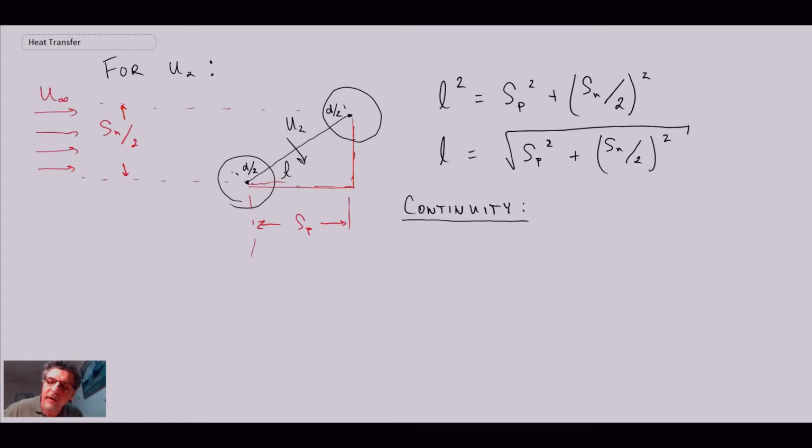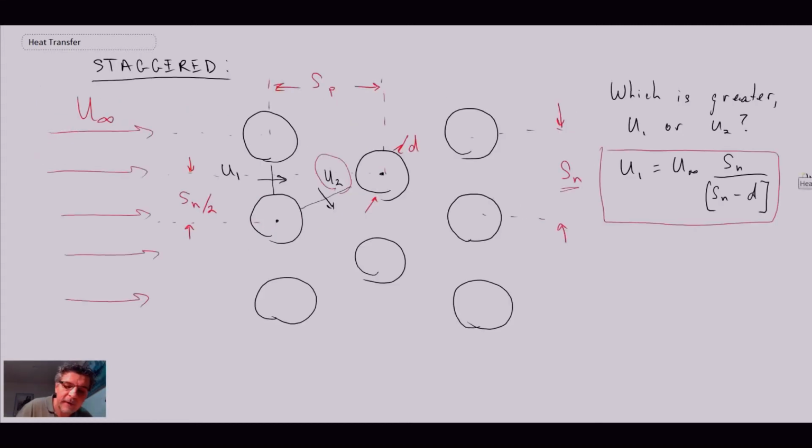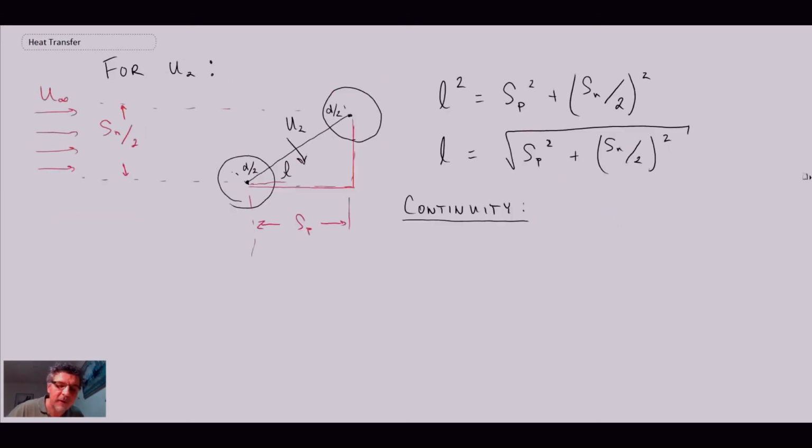Looking back at our larger picture, what we're doing is we're zooming in on this section of the flow here. So we're looking at that to there. So we're making the assumption that a streamline coming along here would hit a stagnation point on that cylinder. So half of the flow needs to go this way and half is going to go up that way. And that's how we're able to do this and apply it at Sn over 2.